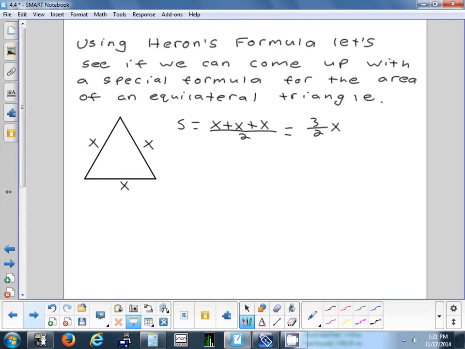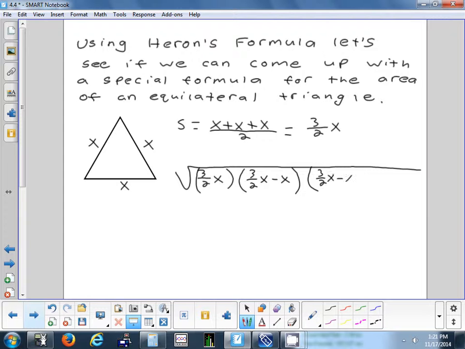Now fill it into Heron's formula. So we have 3/2 x times, what's going to come next? Yep. So it's the semi-perimeter minus a side. What comes next? Same thing again.